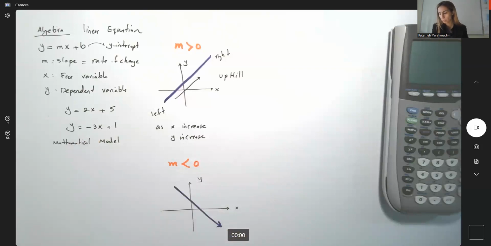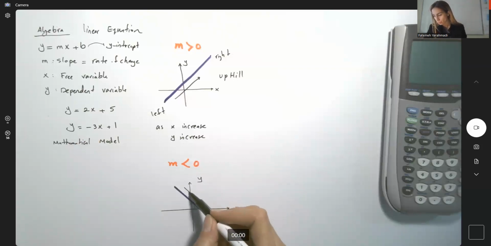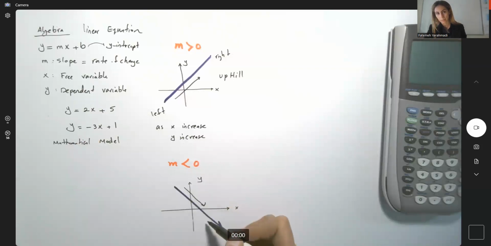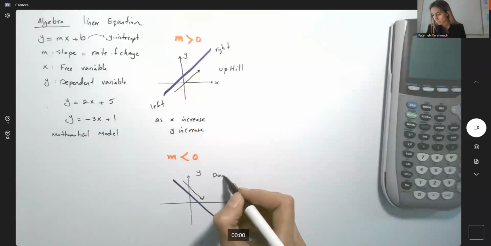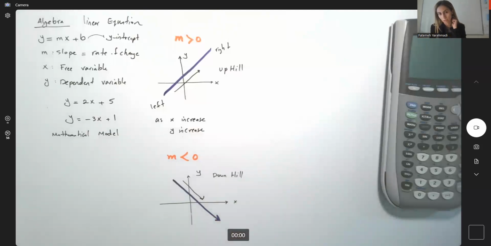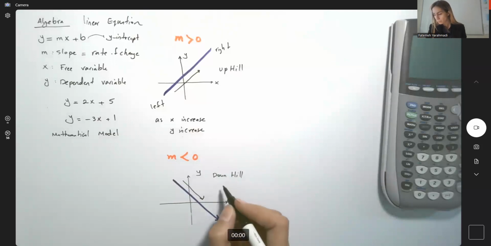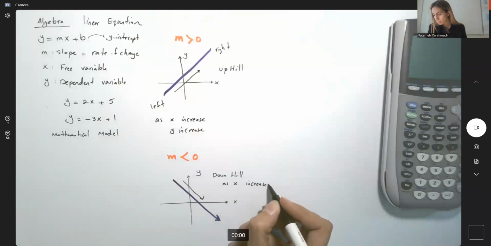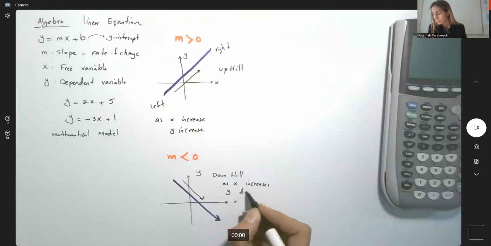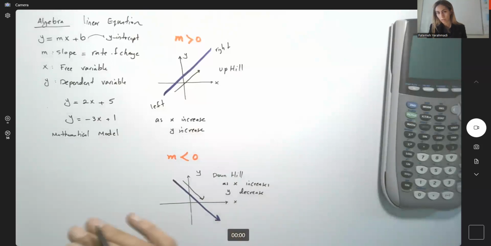Again, from left to right, the graph is decreasing, downhill. So as x goes to larger numbers, my y starts decreasing. You're going to say as x increases, y decreases, y goes down.